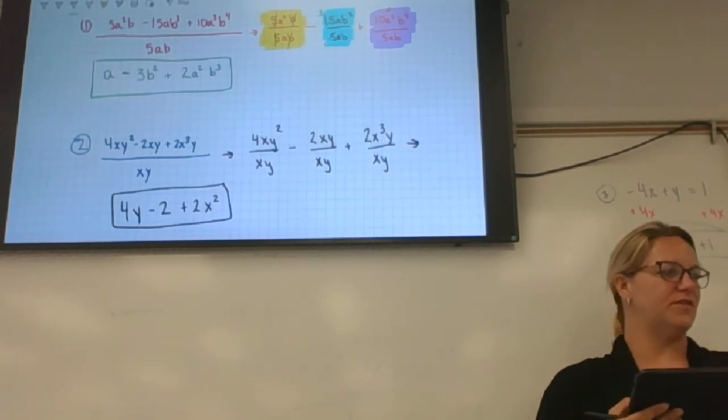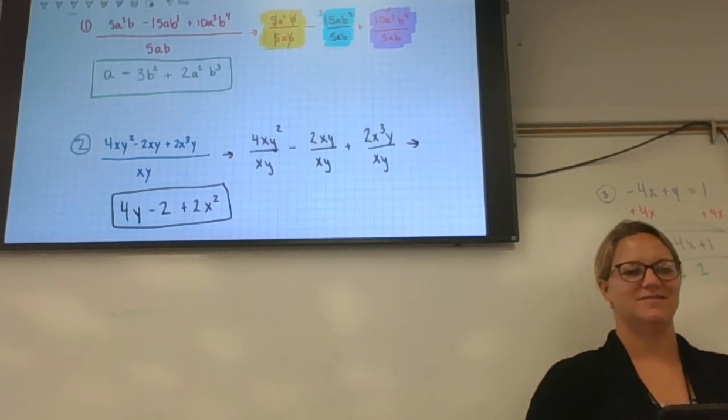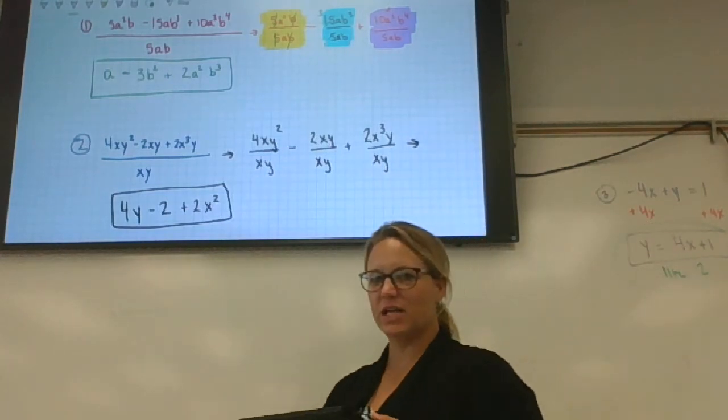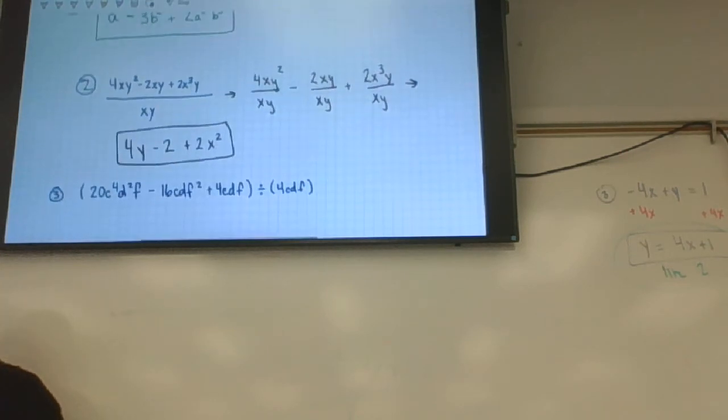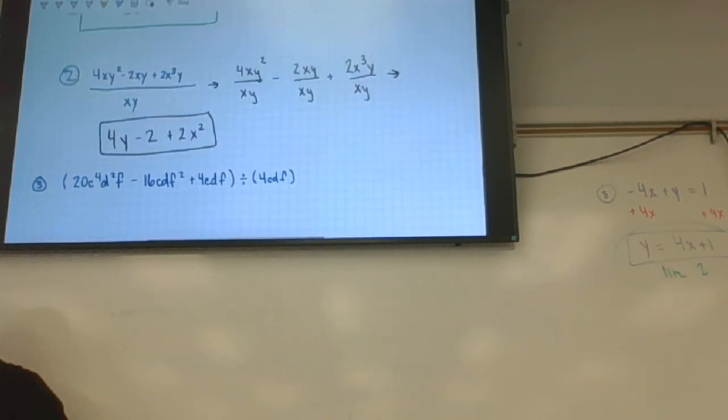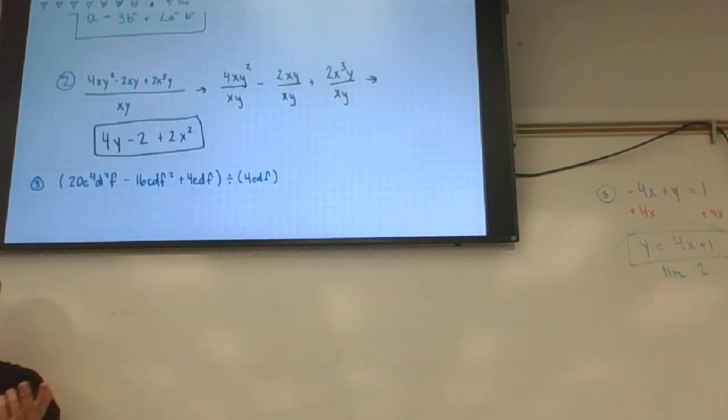Don't peek until you're finished. So the next two are the same thing, but they visually present differently. Look at it. Visually, it looks like a completely different problem, but it's the same thing.